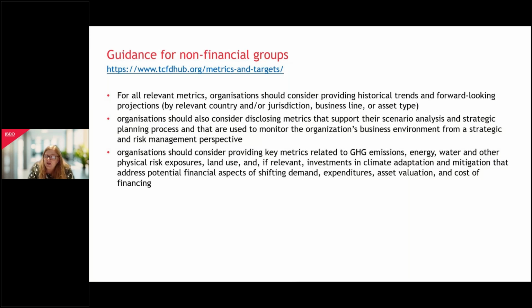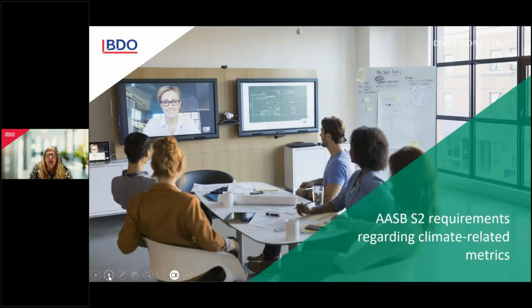And then finally, the third bullet point, very important, provide key metrics related to greenhouse gas emissions, your carbon footprint, metrics around energy usage, water, and other physical risk exposures, for example, land use, investments in climate adaptation and mitigation, etc. So a large number of ideas coming from the TCFD.